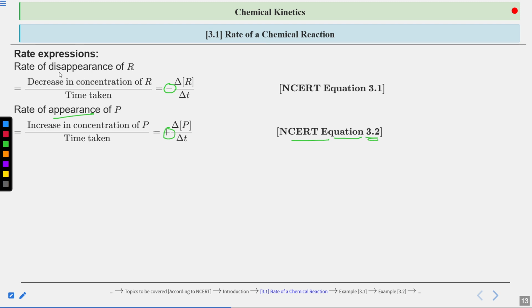Negative sign because something is decreasing. The disappearance of R means R is disappearing. The appearance of P means the product is appearing, and the concentration of the product is increasing. That's why we are using the positive.